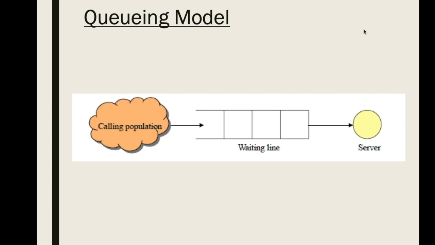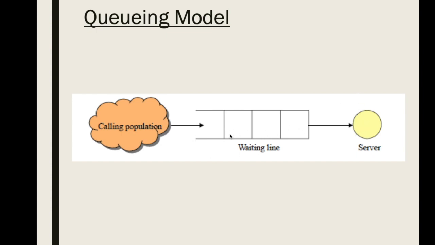In order to answer that, you need answers to certain questions. If it is one server, what fraction of time is this server free? If it is two servers, what fraction of time is it free? If it is three servers, what fraction of time is it free? Then what is the average length of the queue if there is one server?